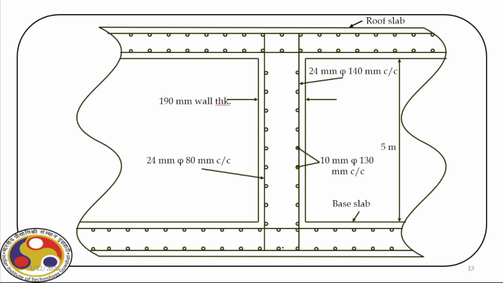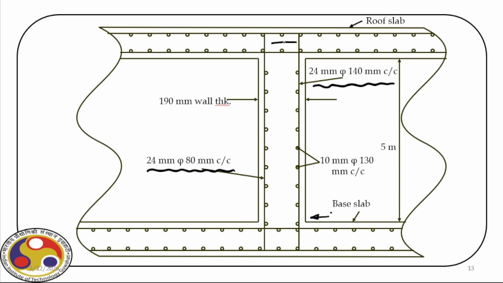So here you can see the detailing. So we have the main requirement of bar is 24 diameter at the rate 80 center to center based on the moment at the base here. Then as we go up, we can actually reduce the number of bars by increasing the spacing, that is 24 diameter bar at the rate of 140 center to center we provide.